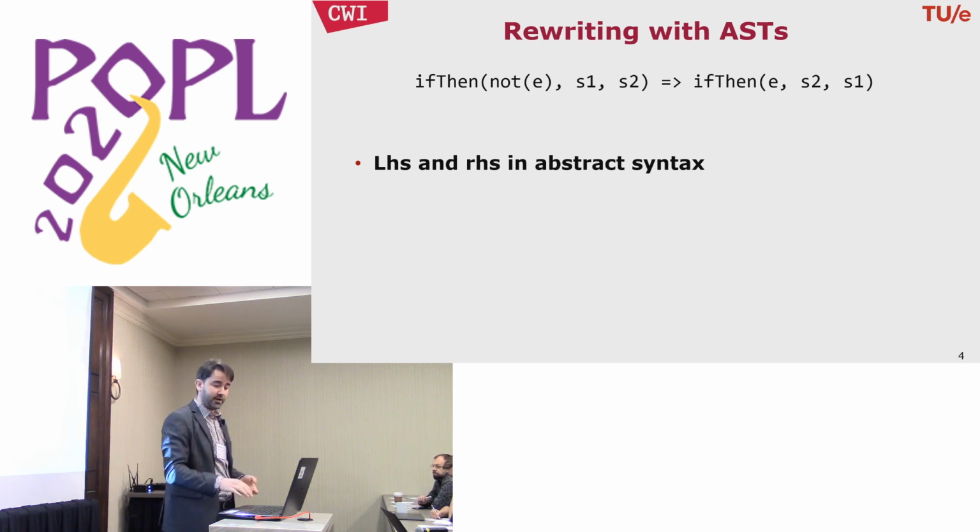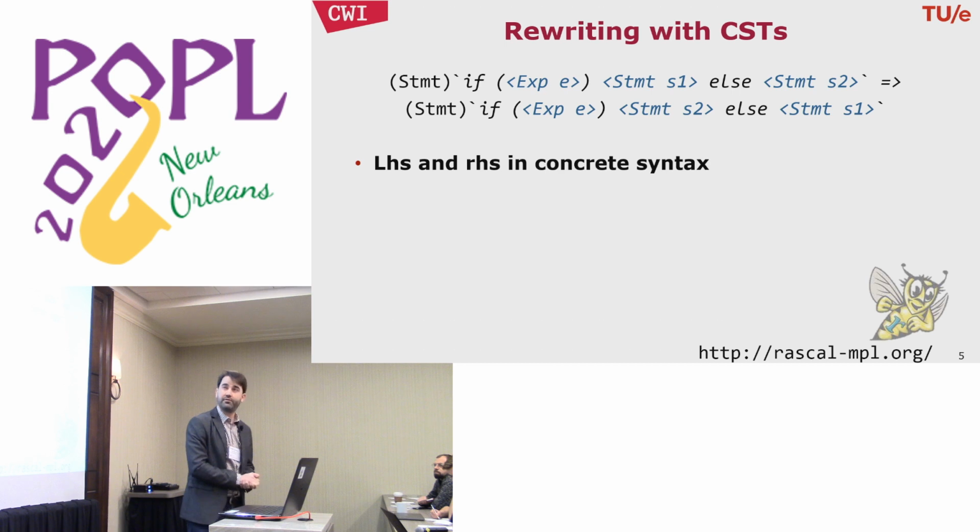If we look at rewriting with concrete syntax trees, it looks a little different. I'm going to do a little bit of merchandising here. All the code fragments here are in Rascal, and Rascal is a metaprogramming environment and language workbench we develop in Amsterdam ourselves. This is what concrete syntax patterns look like in Rascal.